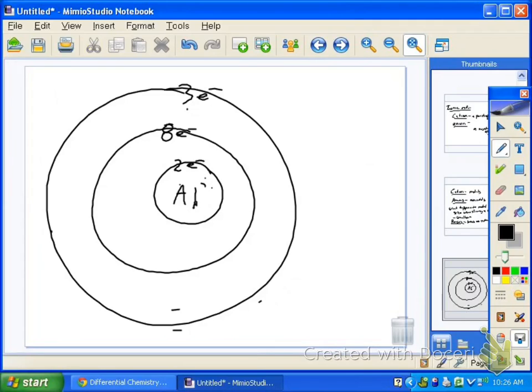Eventually, it's going to work its way to fluorine. And here's fluorine, and it has 7 electrons out here. Well, it's not going to lose all 7. So it's going to bring in 1 electron, and this becomes -1, and then the trend is for them to get larger, and I'll share with you why they get larger.